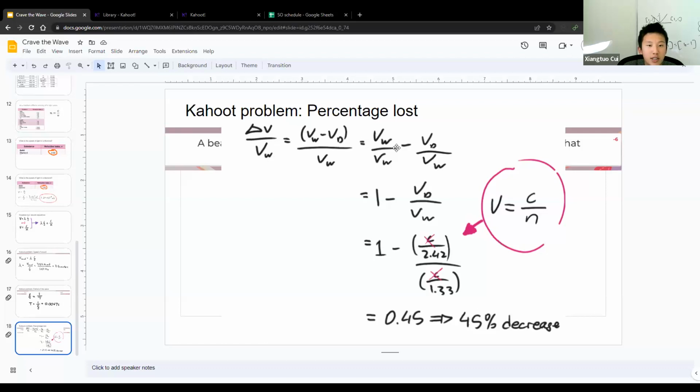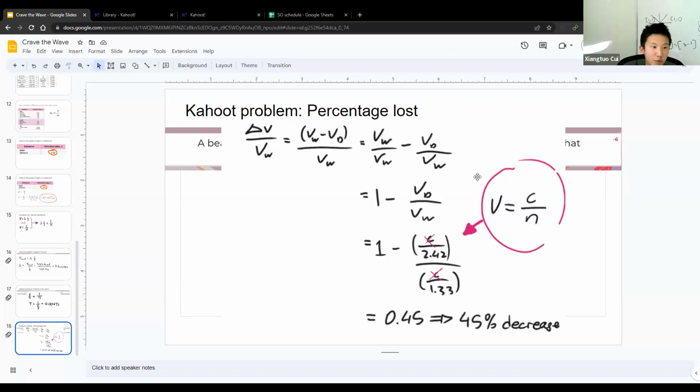And we keep simplifying this, and we expand it so that we divide the fraction into two parts. And we can simplify the VW over VW into 1. So we're really just left with VD, the speed of light in diamond, over VW, the speed of light in water. And when we keep on expanding that, we get C over 2.42.